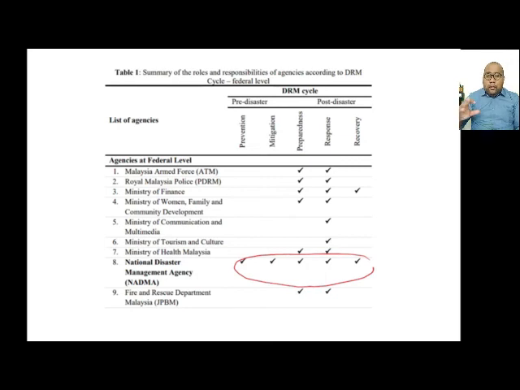So if they know what will happen in the 2 days of rainfall, for example, probably they can remind and alert NADMA or other authorities. So at least other authorities can be prepared and try to respond to the hazard that occurs.